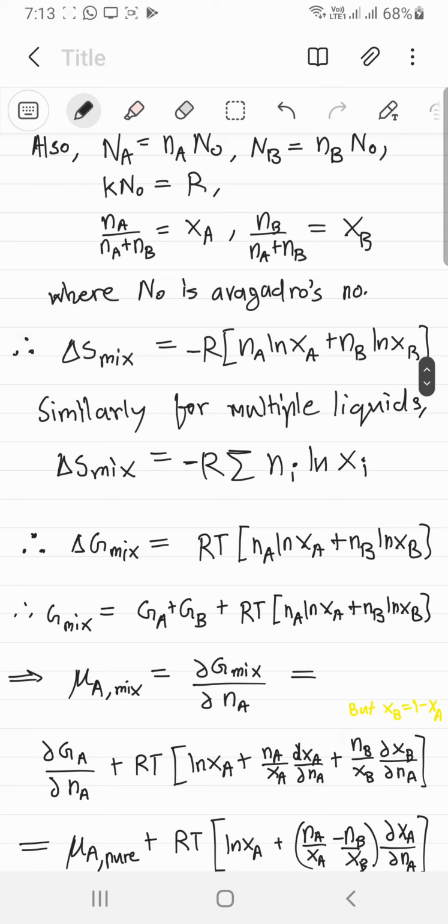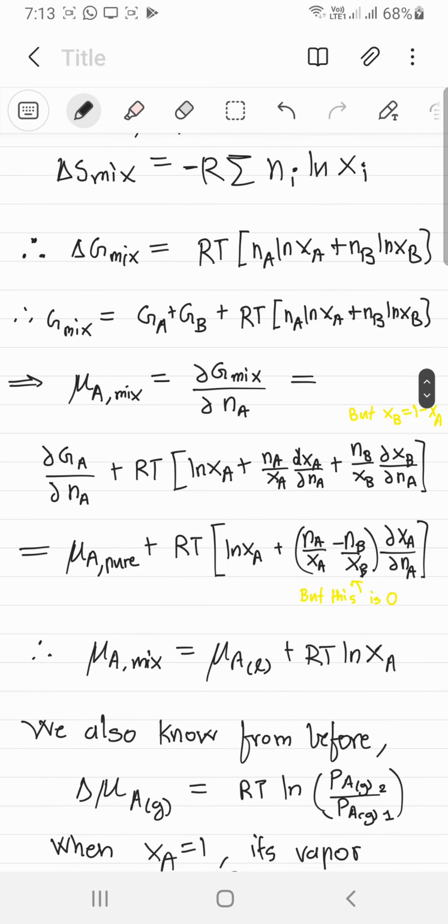Okay, so now you know what delta S mixing is, and the good thing is that because delta H mixing is 0, you can find out what delta G mixing is in a similar way. So delta G mixing will just be negative T delta S, and that will be RT and all this quantity.